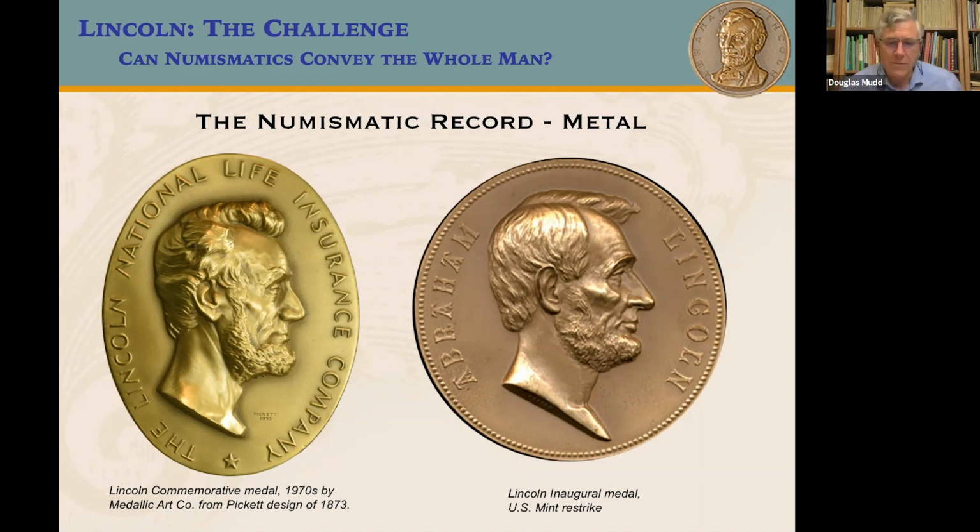The Lincoln Inaugural Medal from the 1860s is, on the other hand, quite well done and gives you the impression of an imposing figure, a figure that has a human element. Perhaps the cheek and the eyes are a little bit too emphasized.